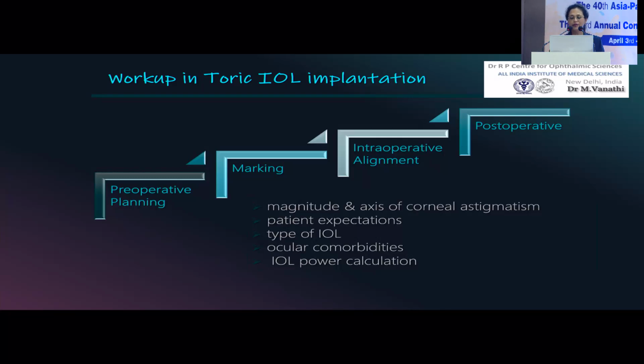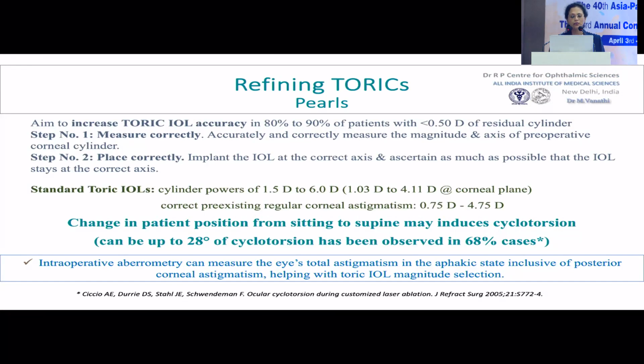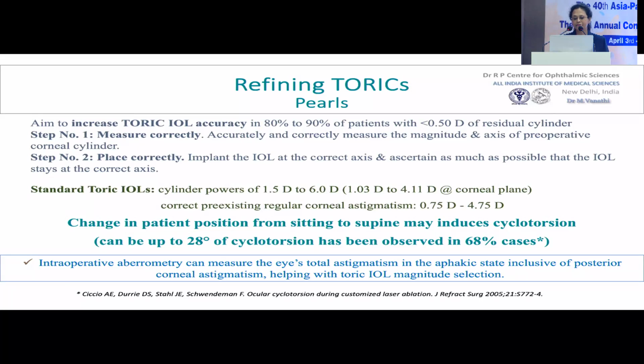So this is something you need to be aware of, and also look at the ocular comorbidities of the patients, not just surface comorbidities, but also other limitations which would limit the vision capabilities and potential of the patient, and pay particular attention to the IOL power calculation here. Cyclotorsion, as I already told you, could be as high as close to 30 degrees, and patients over about 60 years or above can have a higher quantum of cyclotorsion here.